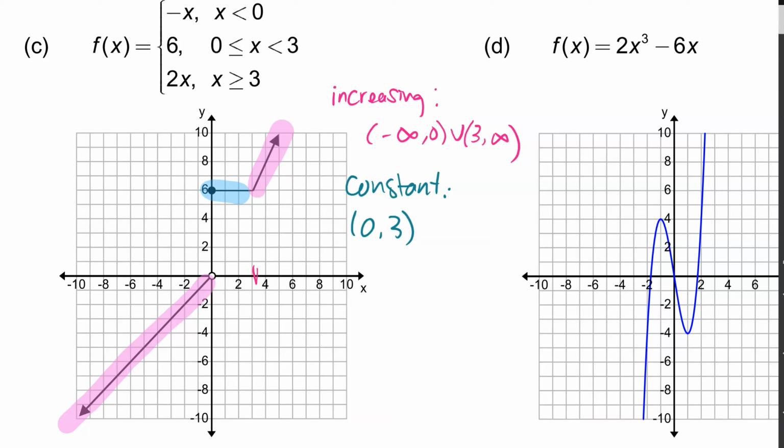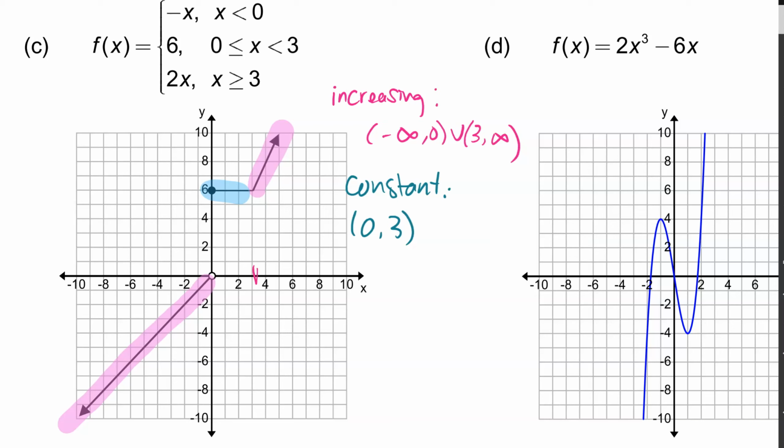Just remember not to include the ends of your interval, because if I was talking about the domain, that'd be a little different, because we're specifically saying where are we increasing, decreasing, constant? Technically, at the point x equals 3, it is continuous at this point, because it's defined.